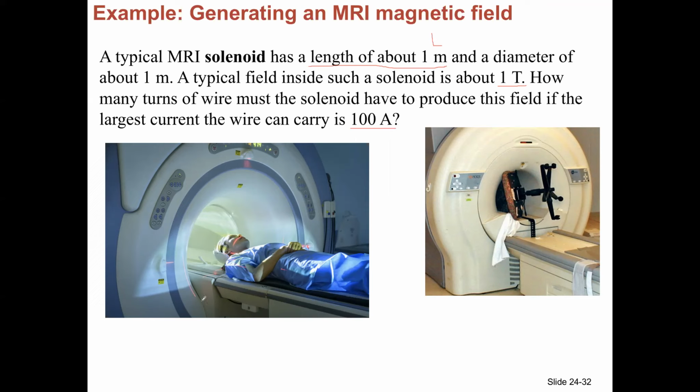And we're given the current I as 100 amps. So take down these numbers: the magnetic field is 1 Tesla, the current is 100 amps, and the length of the solenoid is 1 meter. Those are the numbers we need from the problem statement.